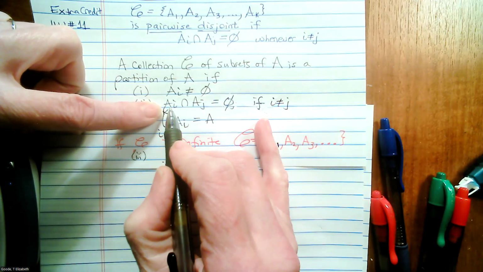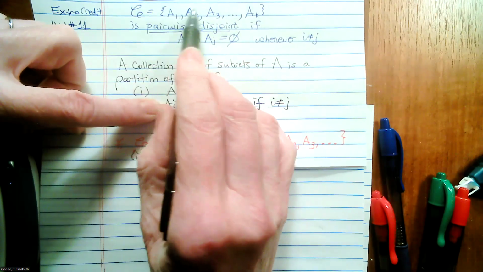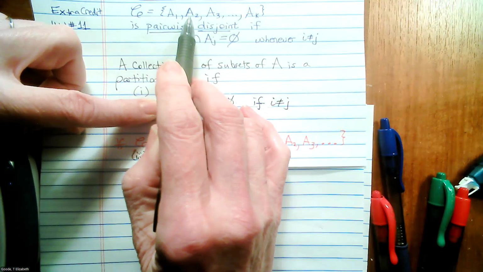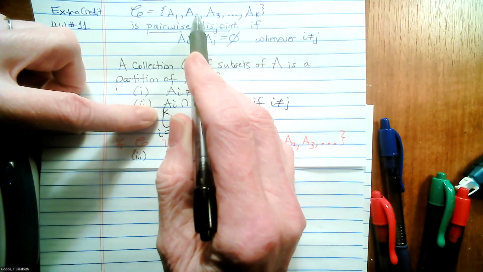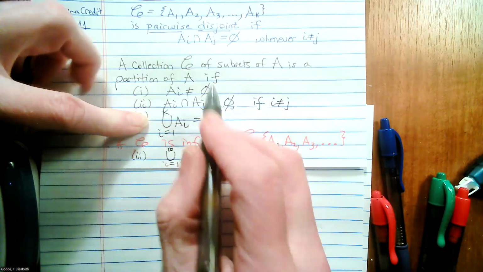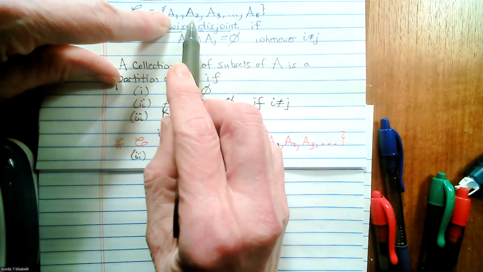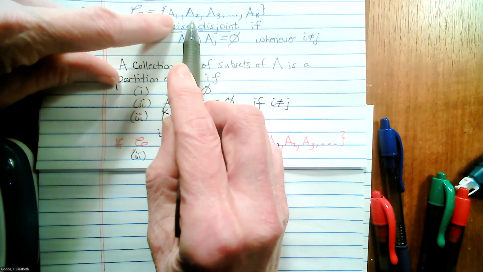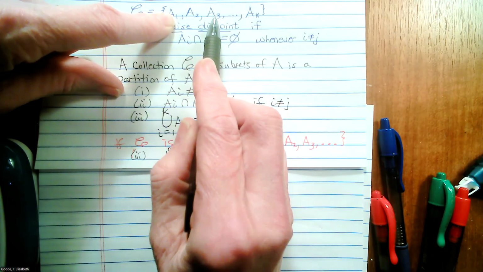We just don't want to intersect A2 with A2, because its intersection with itself would be itself, and that wouldn't be empty. But if you take A1 and intersect it with A2, they wouldn't have any elements in common, so their intersection would be empty. Or A1 intersect A3, that intersection should be empty.